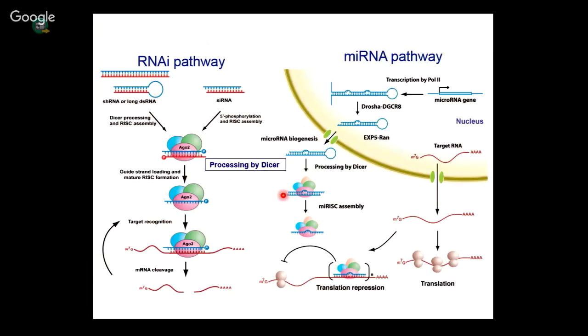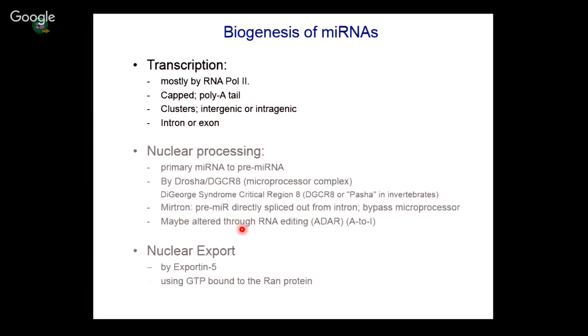Next is the RISC assembly and function step. The double-stranded product from Dicer will be processed by the RISC, followed by the unwinding step. Only one strand stays on the Argonaute protein in the RISC.